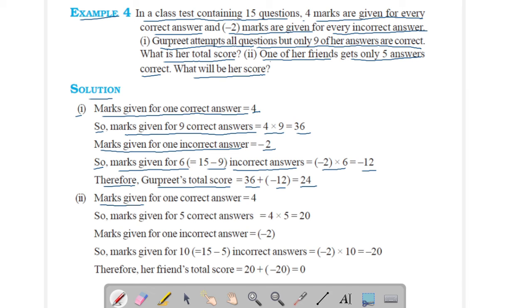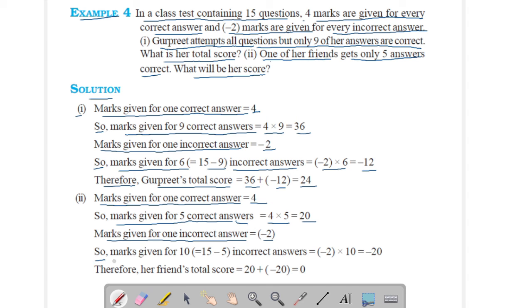Marks given for one correct answer equal to 4. So marks given for 5 correct answers equal to 4 into 5, that is 20. Now marks given for one incorrect answer, it is minus 2.